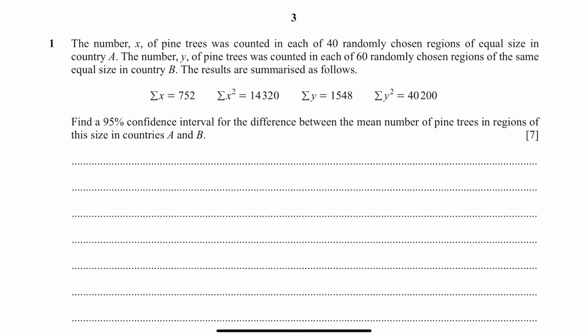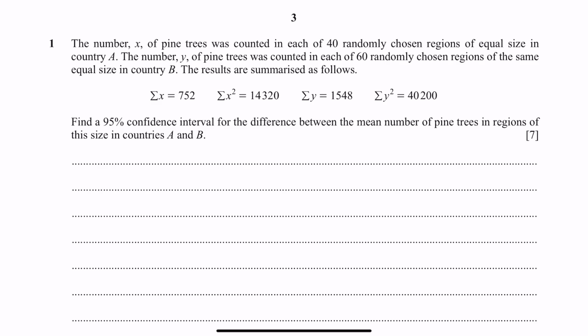we have 40 pine trees of equal size in country A, and we call it X. And we have 60 pine trees from country B, and they have the same equal size, and we call it Y. So the sum of x is 752, the sum of x squared is 14,320, sum of y is 1548, and the sum of y squared is 40,200.